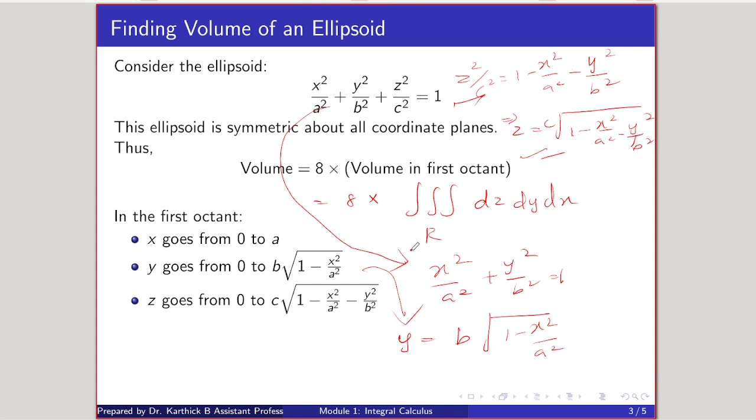Next we go for x, where we equate y and z to 0. So we get the last equation x square by a square equals 1. Simply x square equals a square, which implies x equals a. So we get the upper limit of x equal to a. So we have found all the limits and we have the integral.